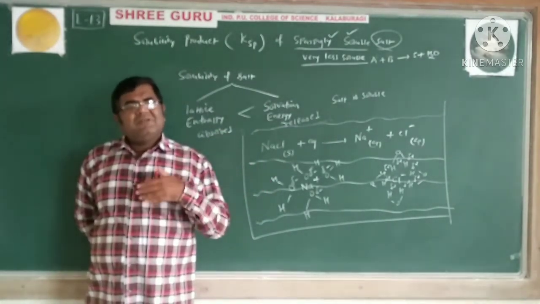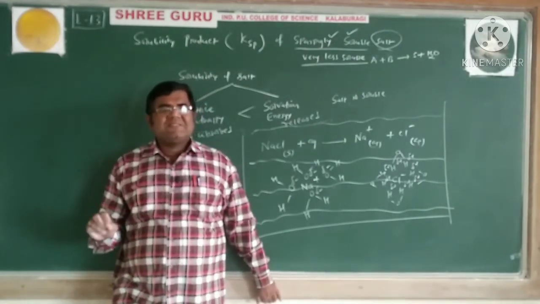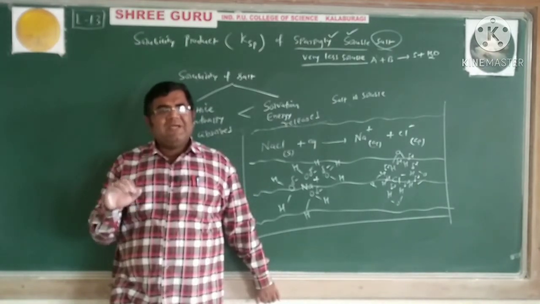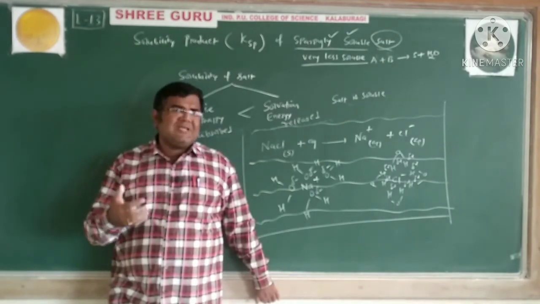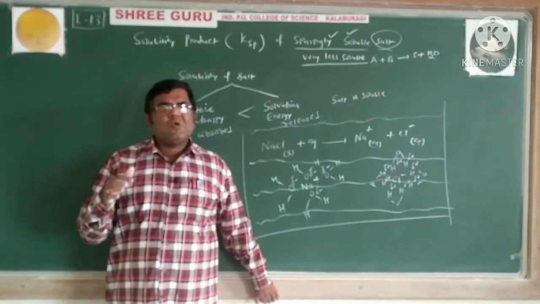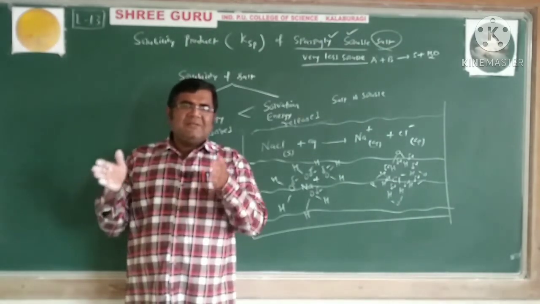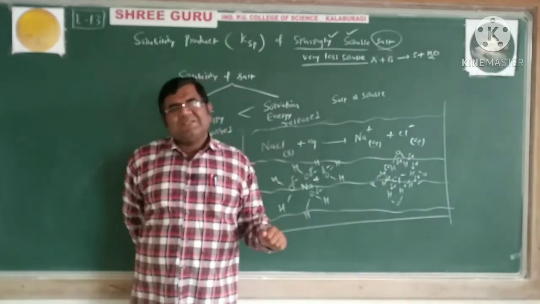Those which have greater solubility, we call soluble salts. And those which have less solubility than soluble salts, but greater than sparingly soluble salts, we call the slightly soluble salts. So we have soluble salts, slightly soluble salts, and sparingly soluble salts.